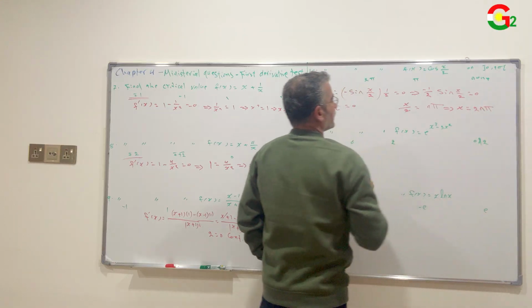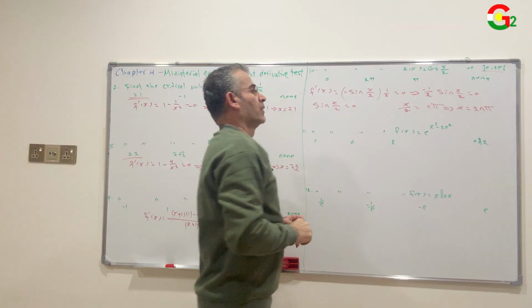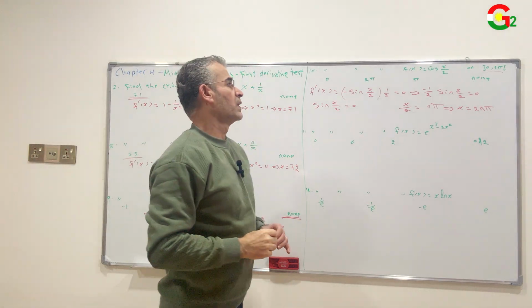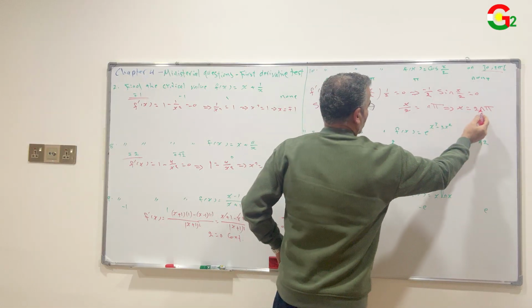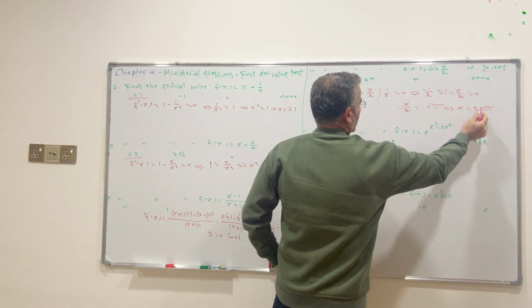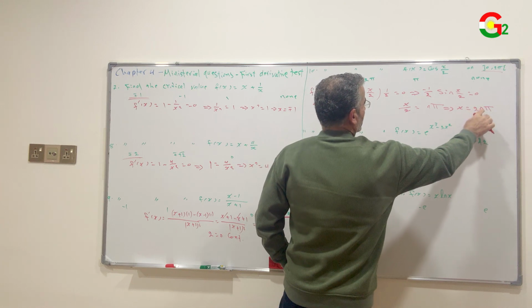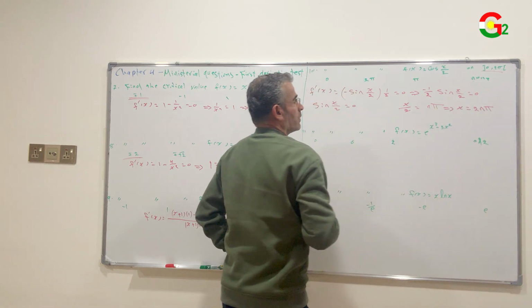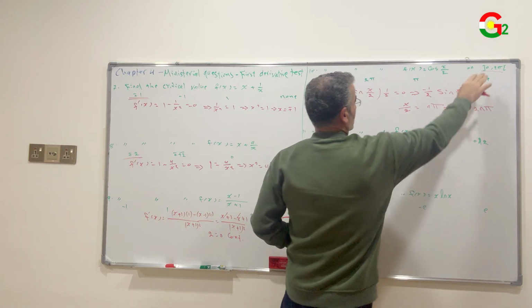Since we want the critical value only in the interval 0 to 2 pi, then we take n... because 0 is not within the interval. If we take n equals 0, then x equals 0, not in the interval.